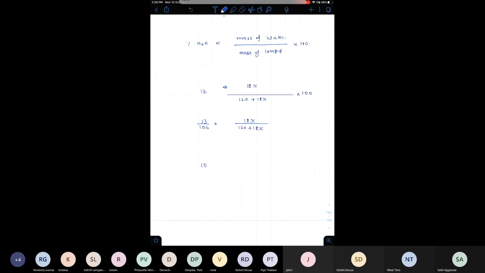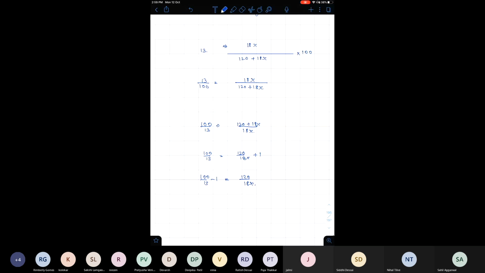If we reciprocate it, it will be 100 by 13 equals 120 plus 18x divided by 18x. It will become 100 by 13 equals 120 by 18x plus 1. So 100 by 13 minus 1 equals 120 by 18x. So it will be 87 by 13 is equal to 120 by 18x.